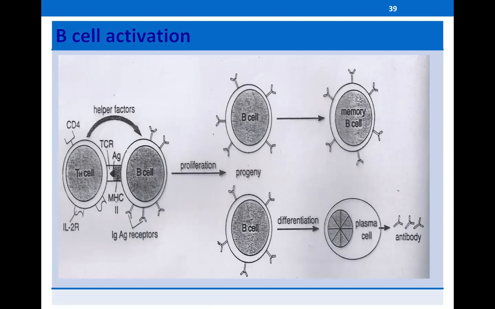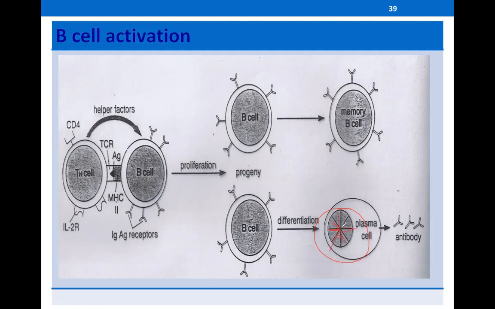We have the B cell as your memory B cell, and the other one would be the B cell differentiating into a plasma cell. Please take note, look at the description of the plasma cell histologically. Your plasma cells, as described in the histology of connective tissue, appear as spokes wheel or cartwheel in appearance, thus producing your antibodies.